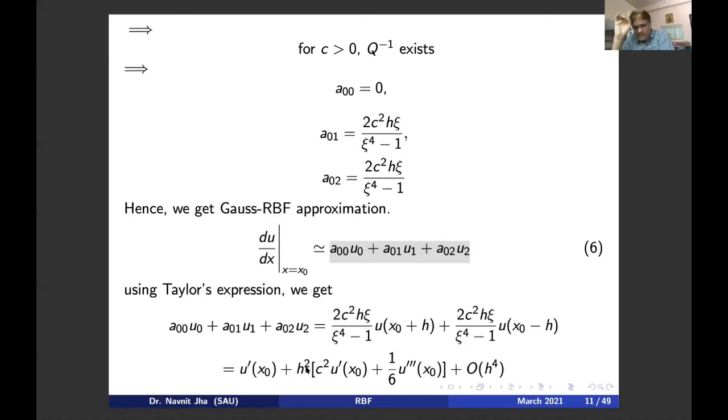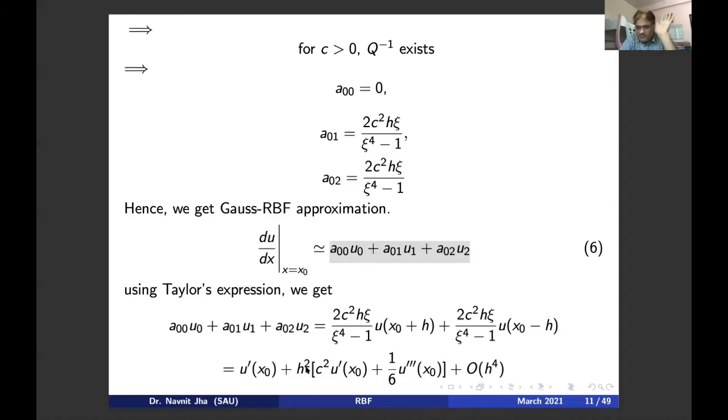This is the general understanding. Suppose you are finding the first derivative. Then how many points are required? du by dx is basically limit h goes to 0, u of x plus h minus u of x, whole divided by h.